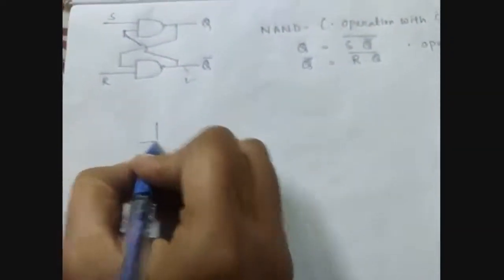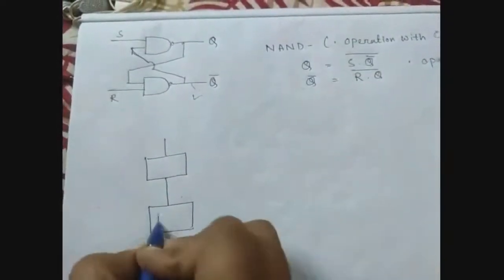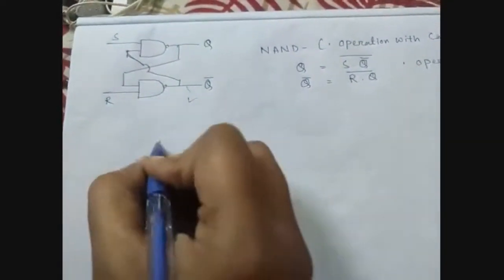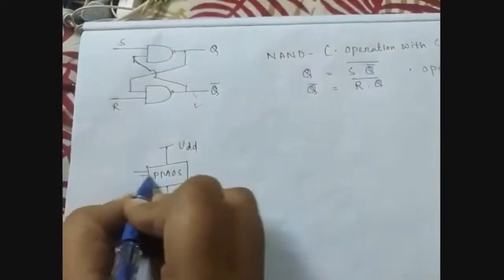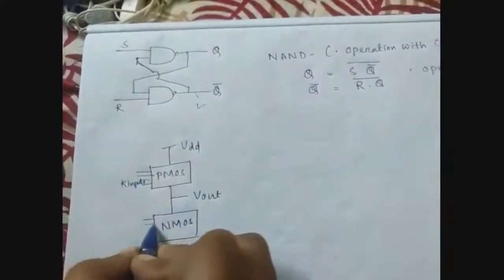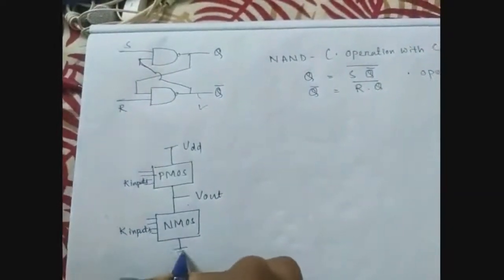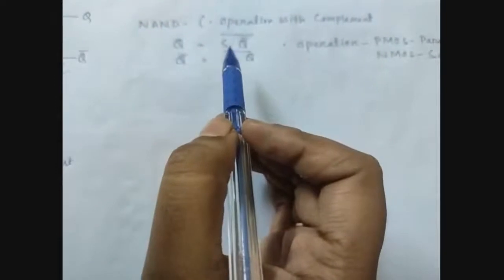The basic structure has the PMOS structure, the NMOS structure, here VDD, here Vout, here the inputs, and here the ground. As per this basic structure, we draw our diagram.